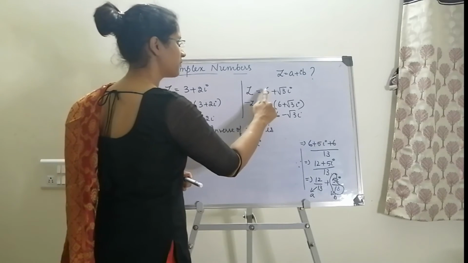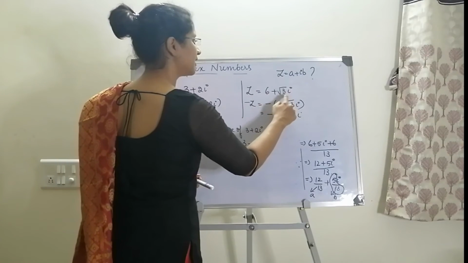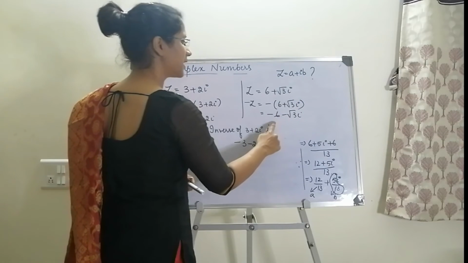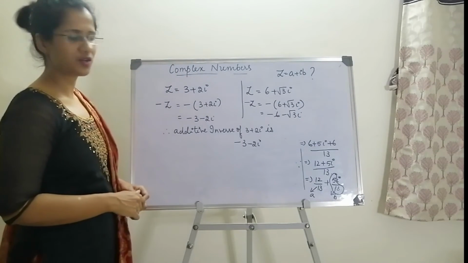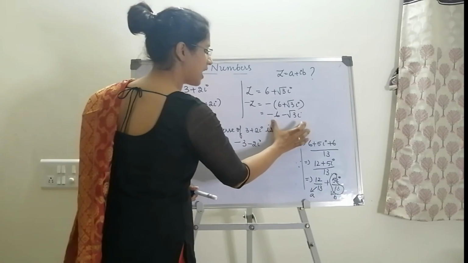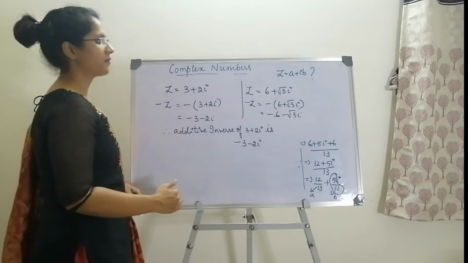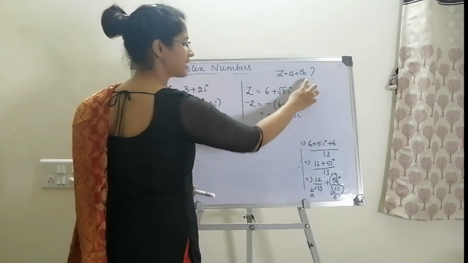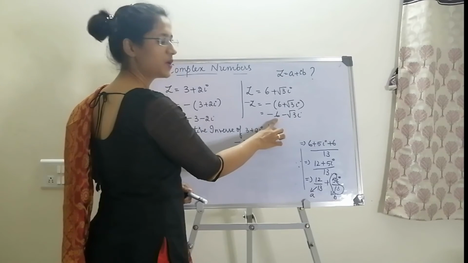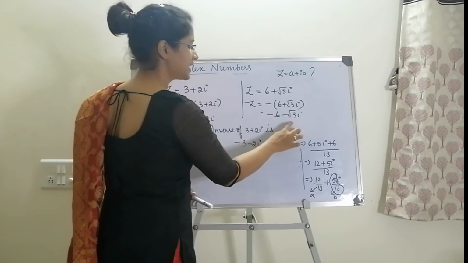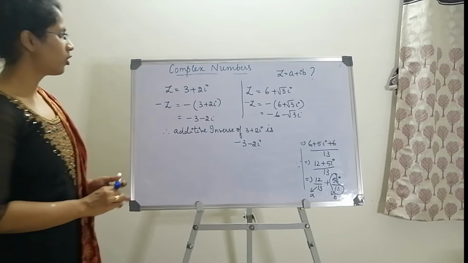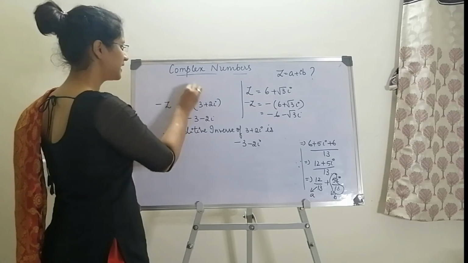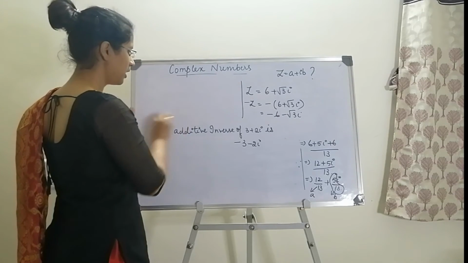Additive inverse of 6 plus root 3i is nothing but minus 6 minus root 3i. Understood? Again, whatever answer I have got is in the form of a plus ib, where a is equal to minus 6 and b is equal to minus root 3. So I hope the concept on additive inverse is clear to you all.